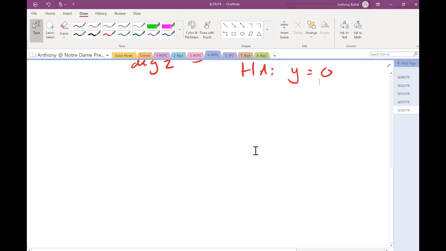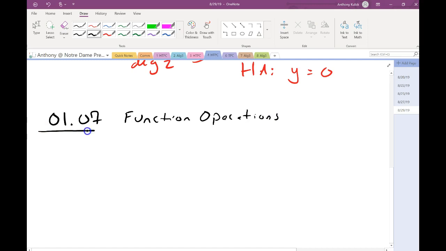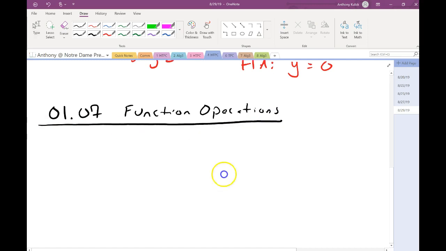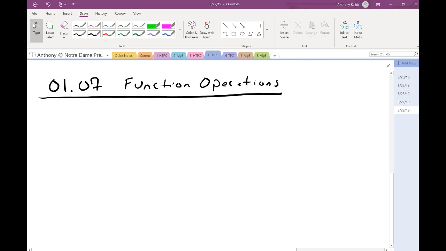All right. So today we're going to be looking at section 7. This section will probably take more than one day, at least that seems to have been the pattern so far.